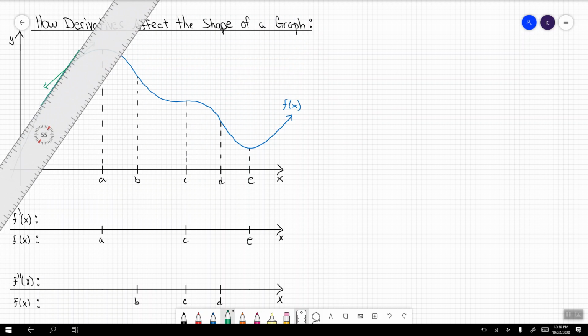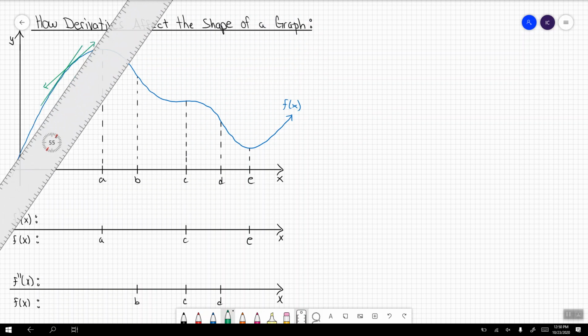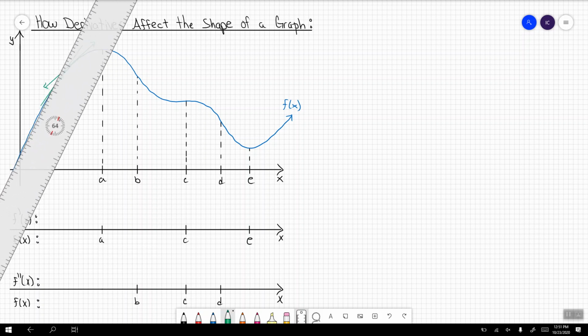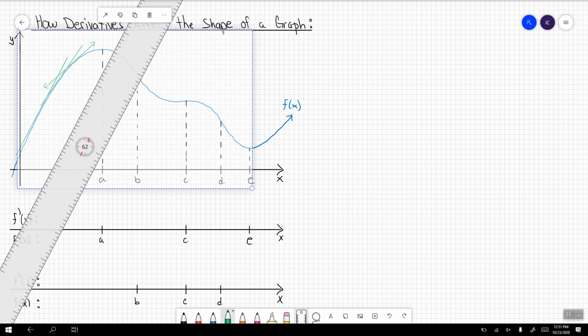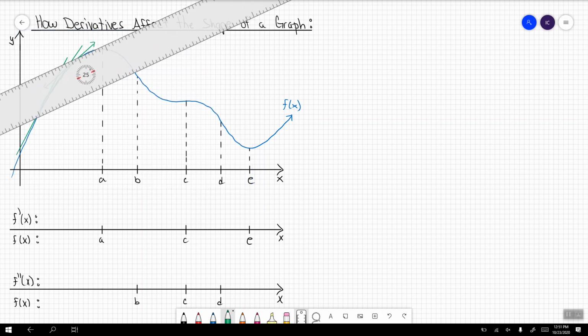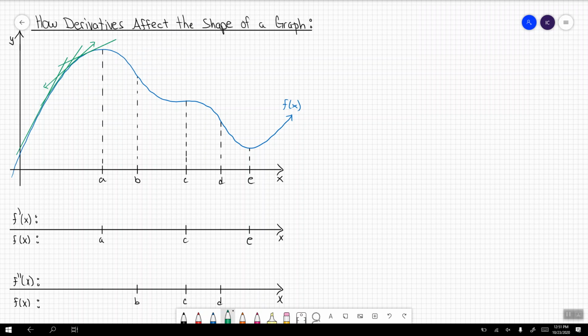And you're going to notice that all of these derivatives that I am graphing here are positive for this function. Now, this will then tell us, by observation, that as long as my derivative is positive, then my overall function is going to be increasing.